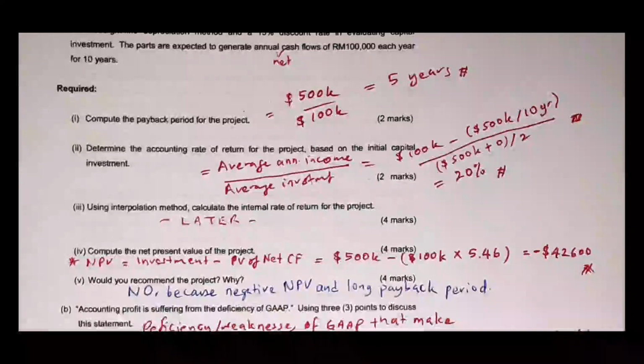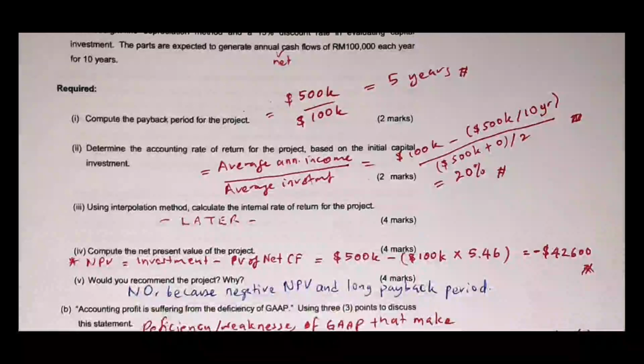So let's see. The initial investment is $500,000 minus the present value of the cash flow. The number here is negative 46,000. It's supposed to be positive. There is something wrong here.